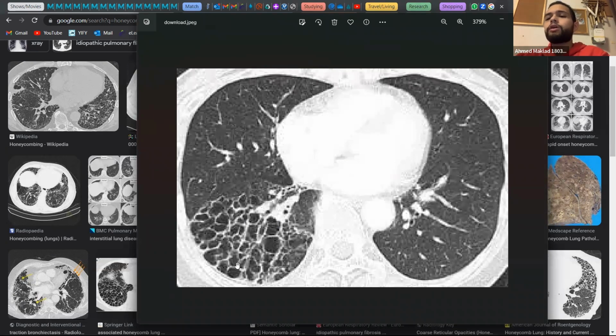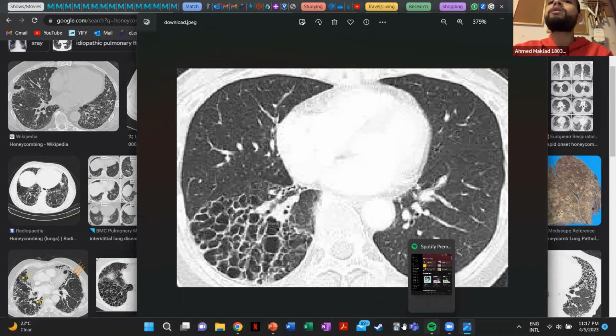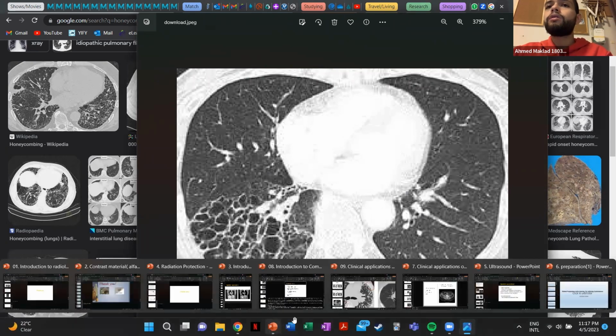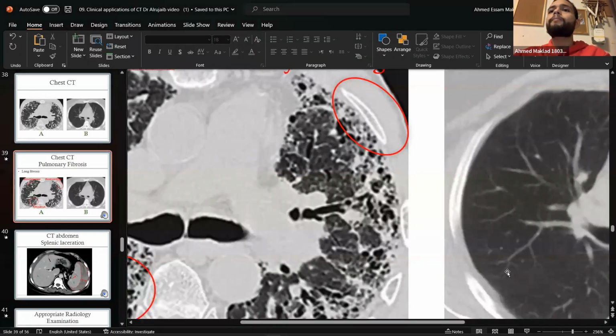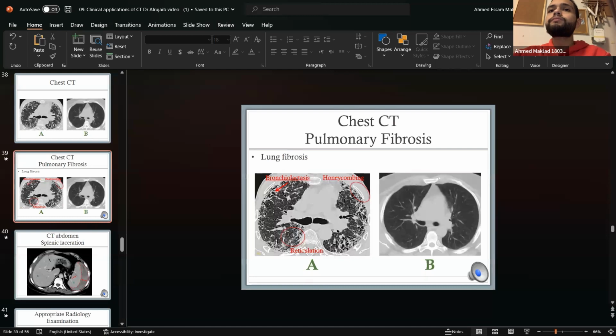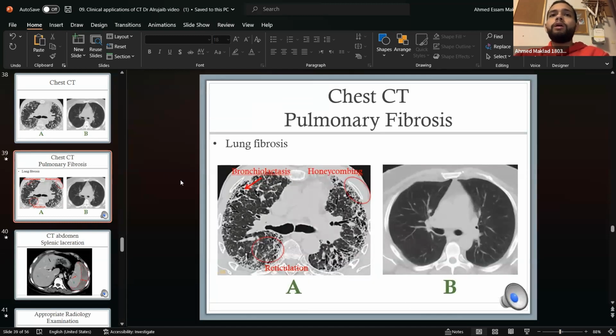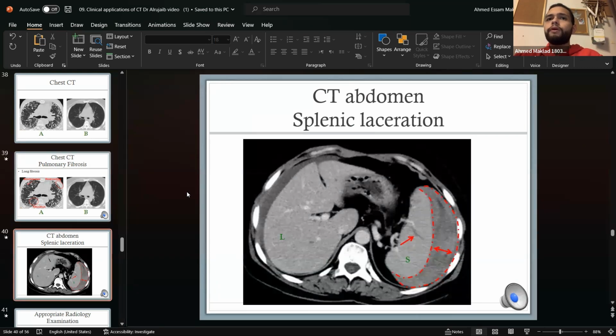This is a perfect example of honeycombing. All right. Is honeycombing clear now? Okay, great. So that's what you see on pulmonary fibrosis.